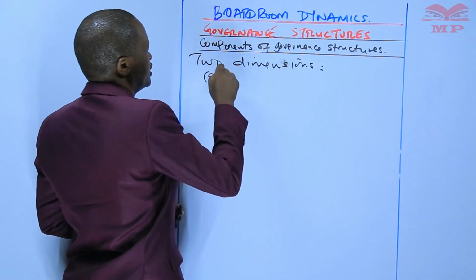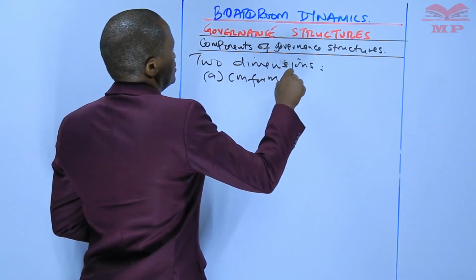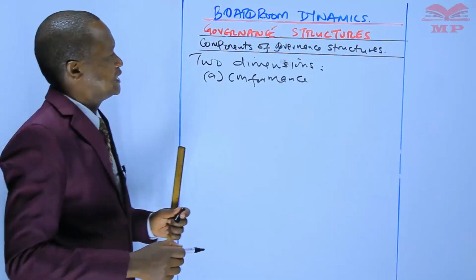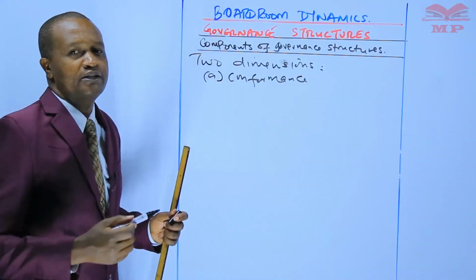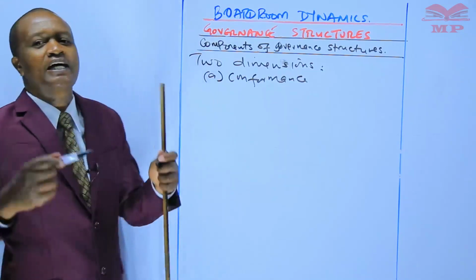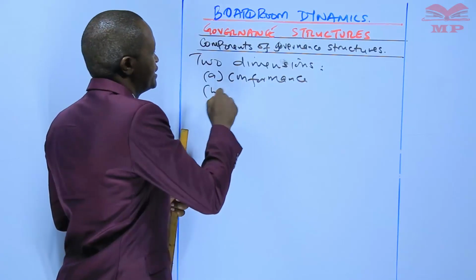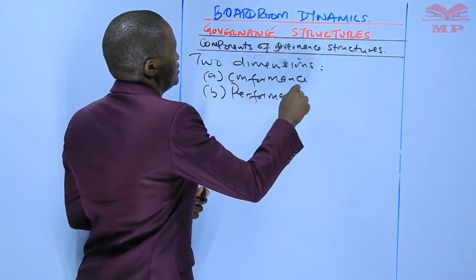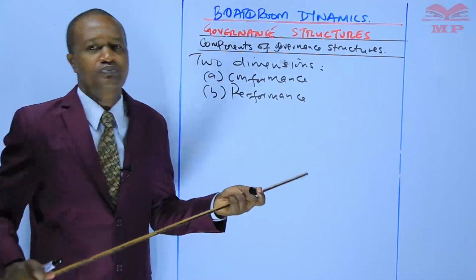The first one is known as the conformance dimension, from the word conform, right? Then there is the performance dimension, from the word perform.